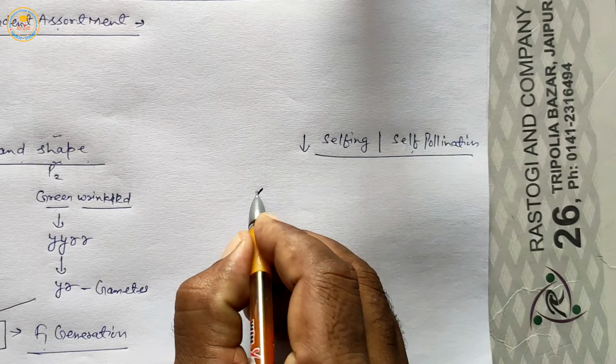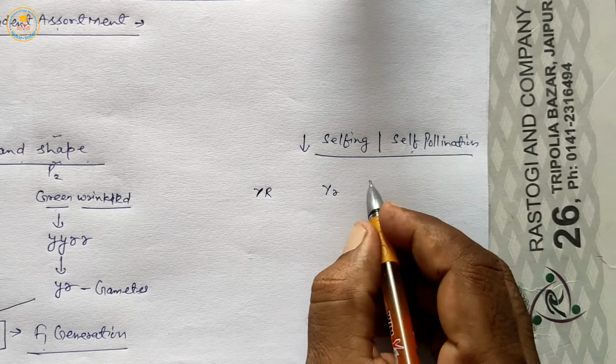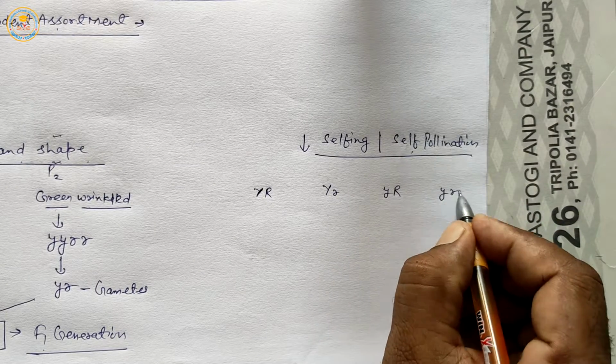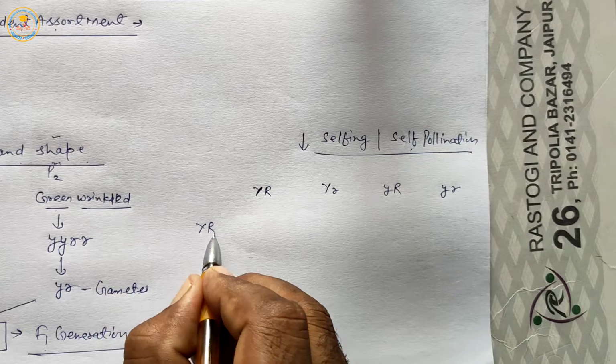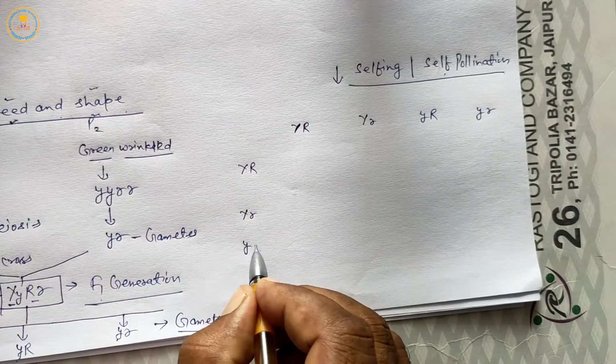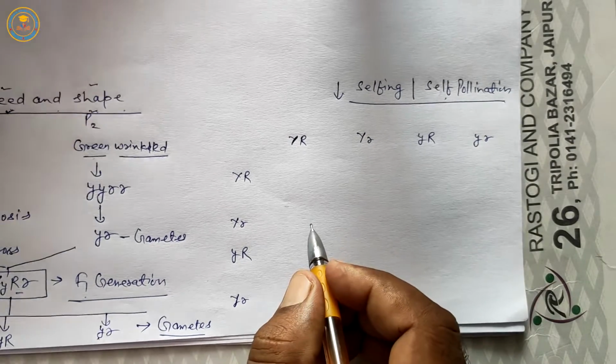So first is first gamete, second gamete, third gamete, fourth gamete. First gamete, second gamete, third gamete, fourth gamete.